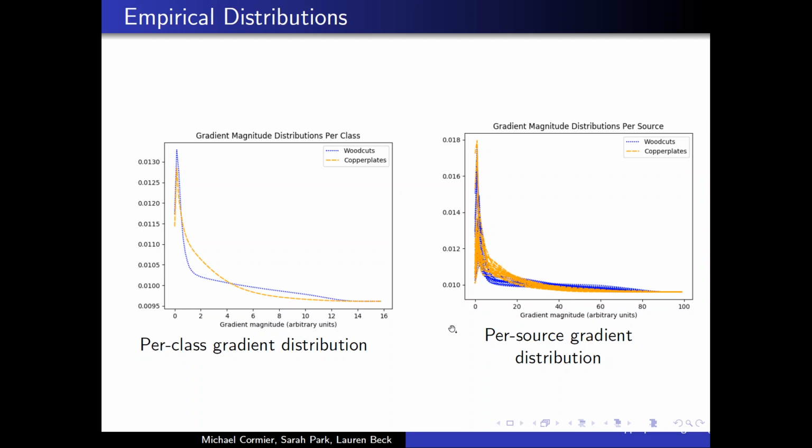If we break it down with one distribution shown for each source, we can see that although we're still observing similar shapes, there's also considerable variation in these distributions within a class. So this suggests that the high-level family-based approach captures the true situation more accurately than the low-level single distribution.